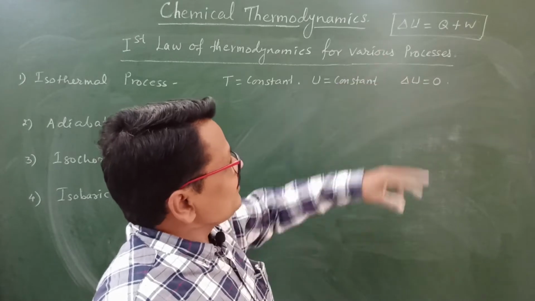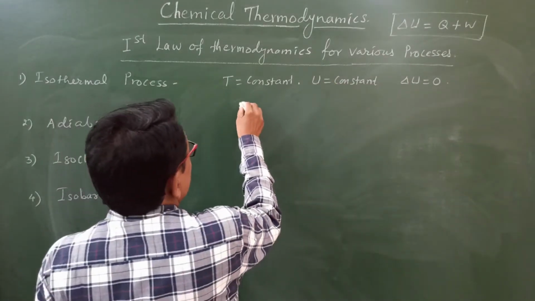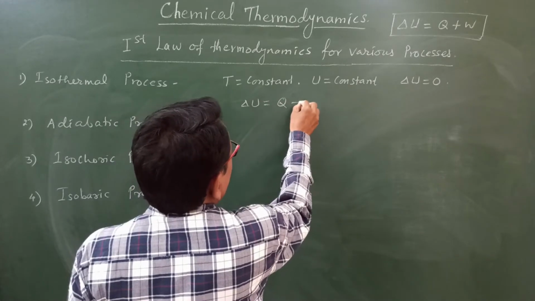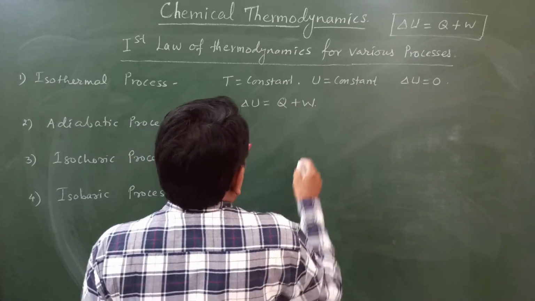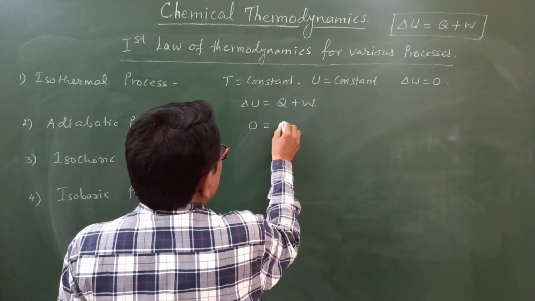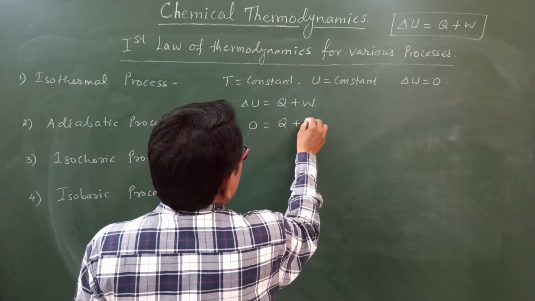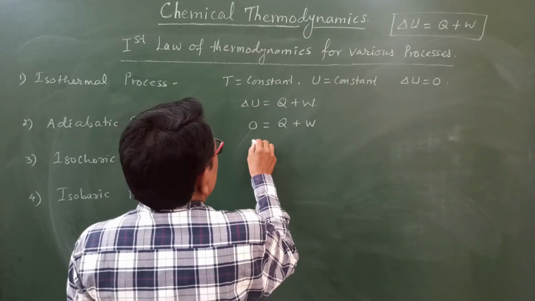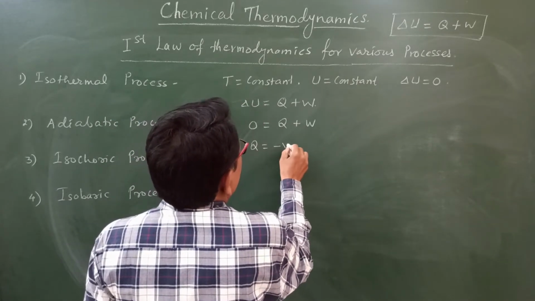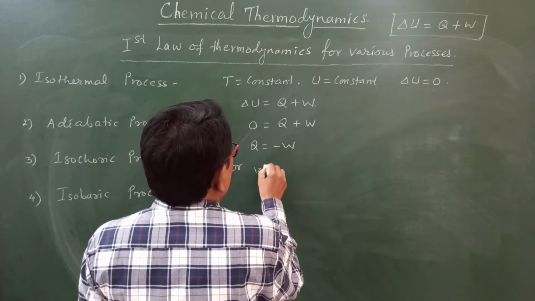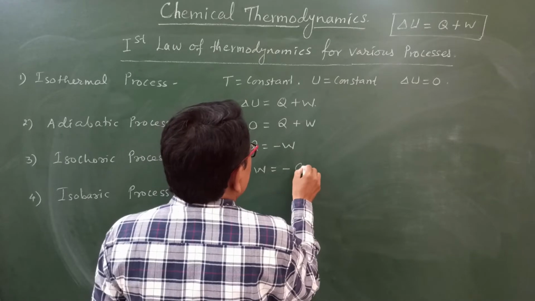Then by putting the value of delta U in the above first law equation, delta U is equal to Q plus W, here delta U is equal to 0. If you put delta U is equal to 0, then 0 is equal to Q plus W, or we can say that Q is equal to minus W, or W is equal to minus Q.